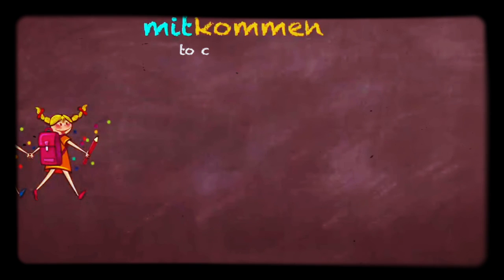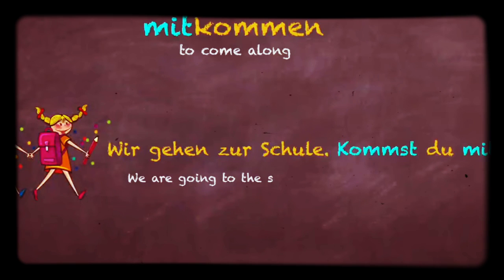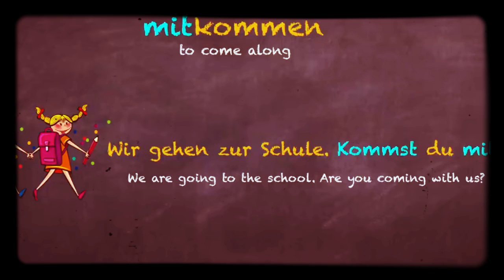Now let's learn some trennbare Verben we use in our daily life. The first verb is mitkommen. In this case, the prefix is mit. Let's see how to use it. Wir gehen zur Schule. Kommst du mit?